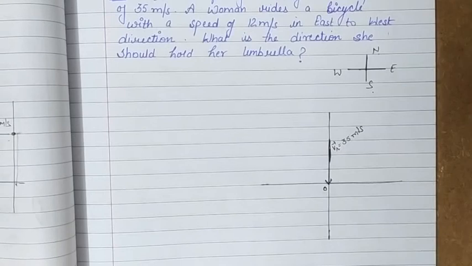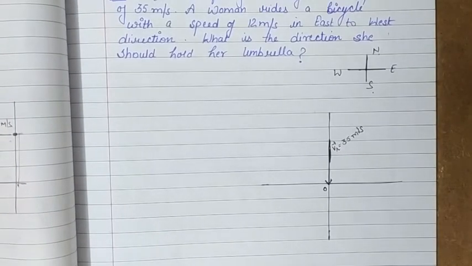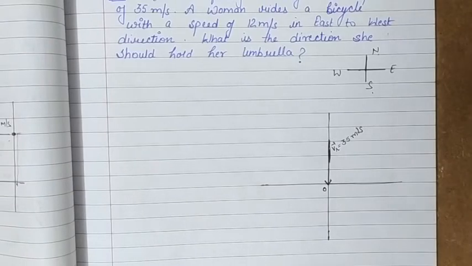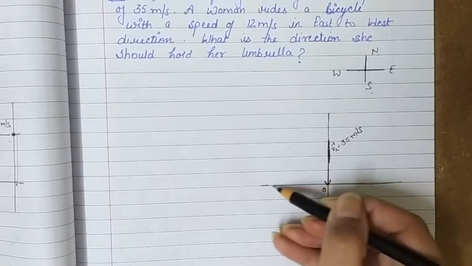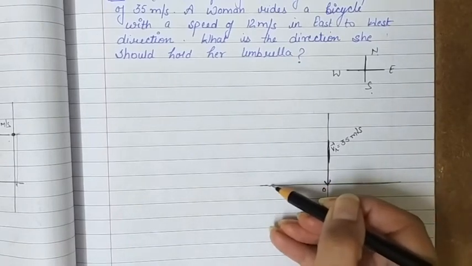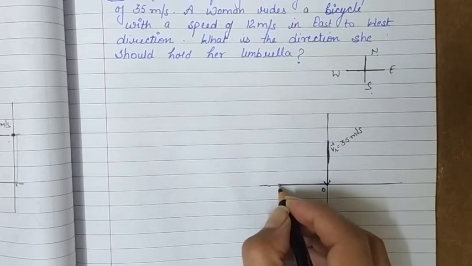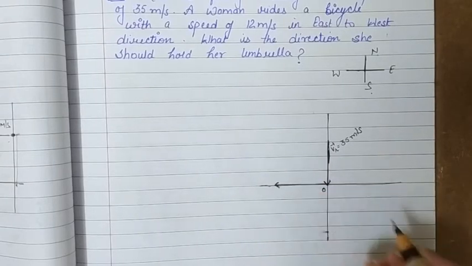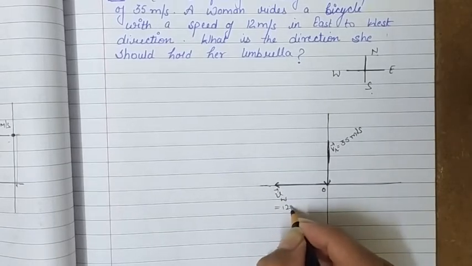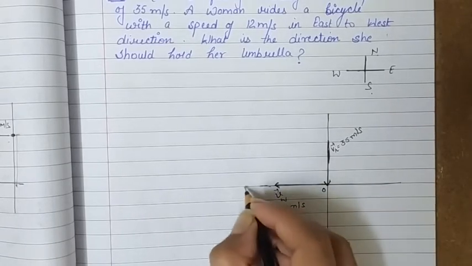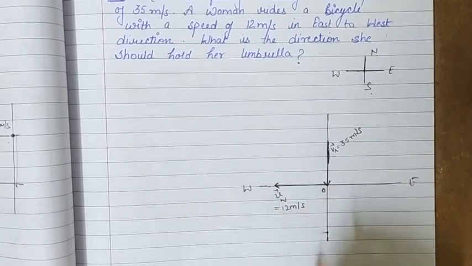Now that woman who is riding a bicycle with a speed of 12 meter per second is going from east to west. So woman is going like this and her velocity is 12 meter per second. This is the velocity of woman, that is 12 meter per second from east to west. So this is west and this is east. This is the velocity vector for woman.